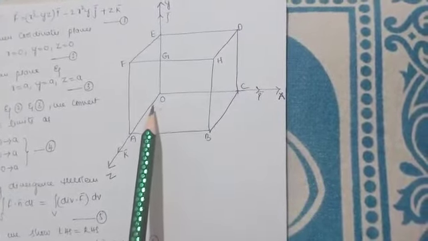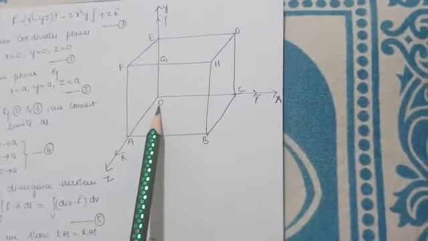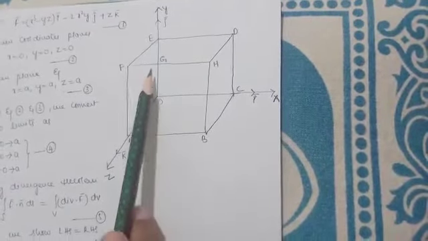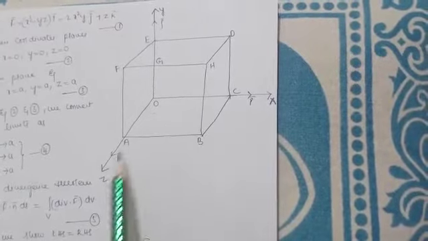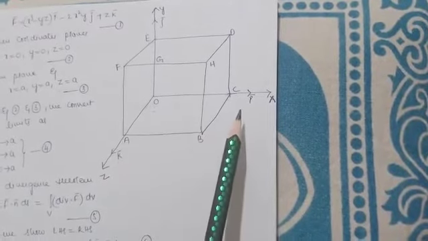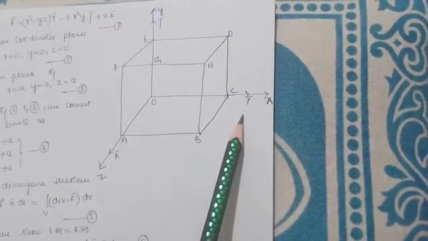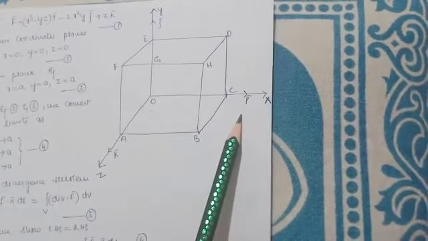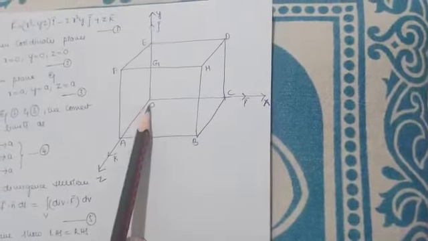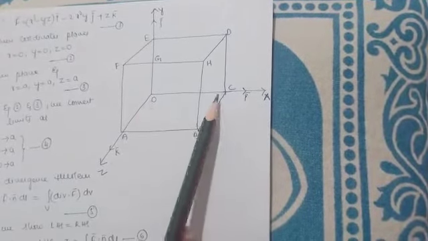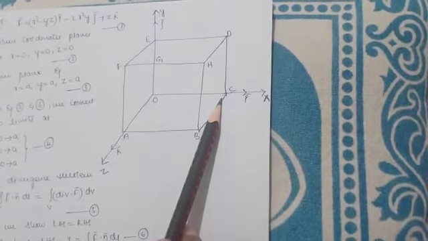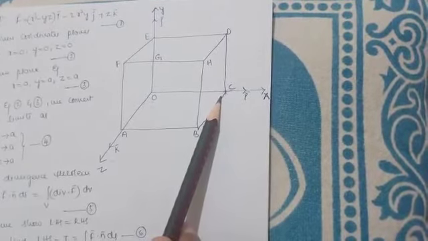Coming to the negative y-axis, again you will start with the origin. For the y-axis, you have opposite axes as z and x. The negative axis should pass through z and x axis. In such a way, you are going to form a loop here. So you will start with origin. O, A, B, C will be the negative y-axis face.